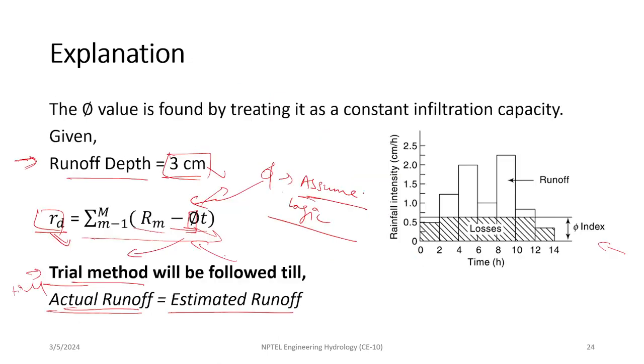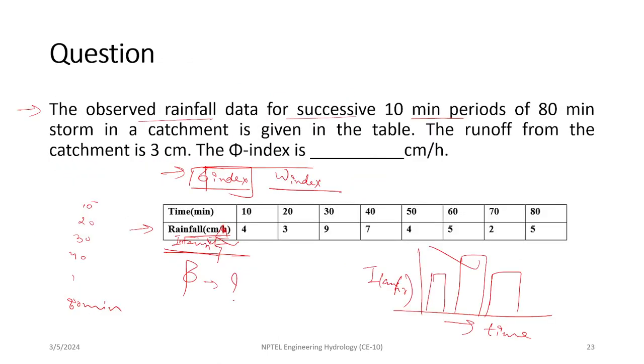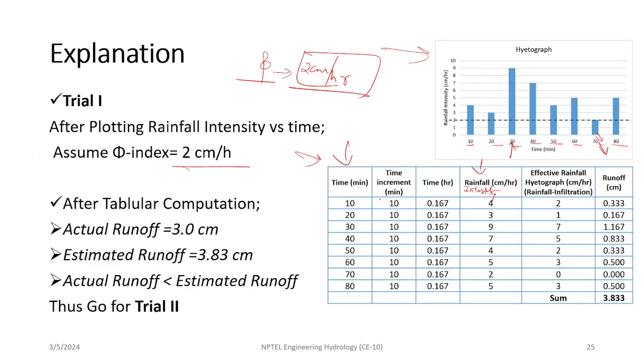As was mentioned in the question, the data have been recorded successively, so it was cumulative data, not incremental data. So firstly we have to take an increment at each time step. We have computed the time increment, that is 10 minutes for every observation. Then that time has been converted into hours.